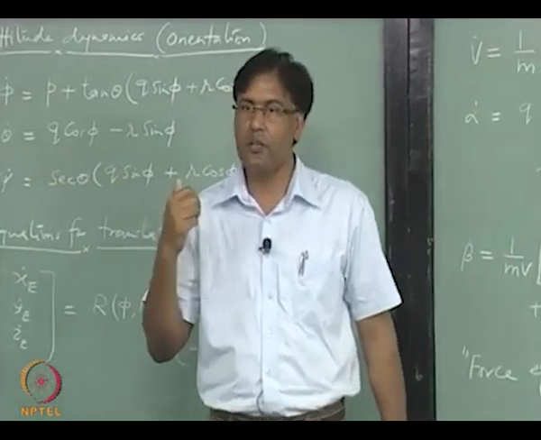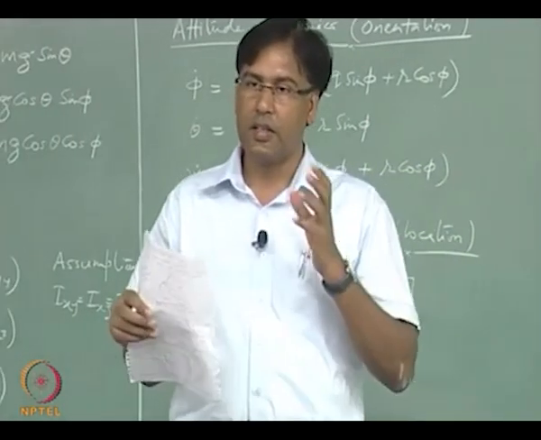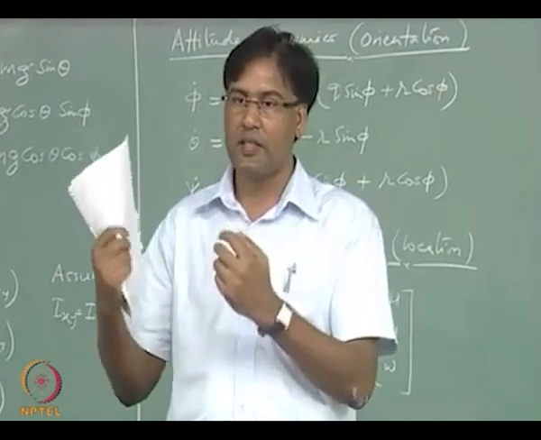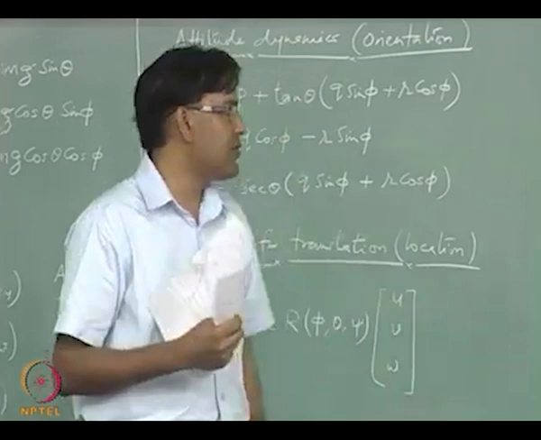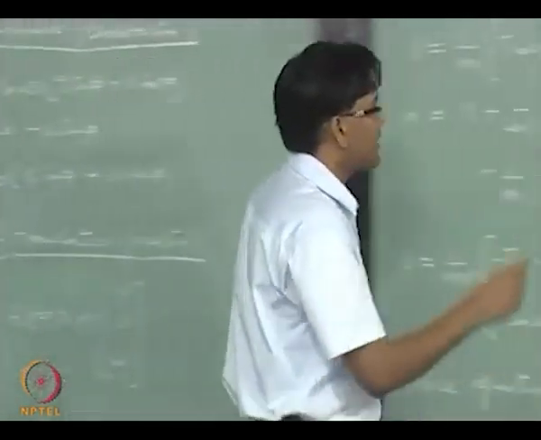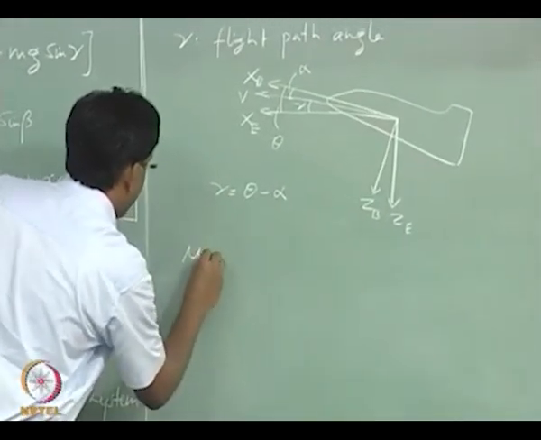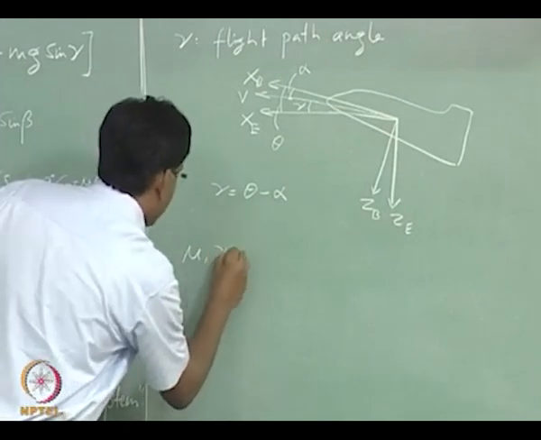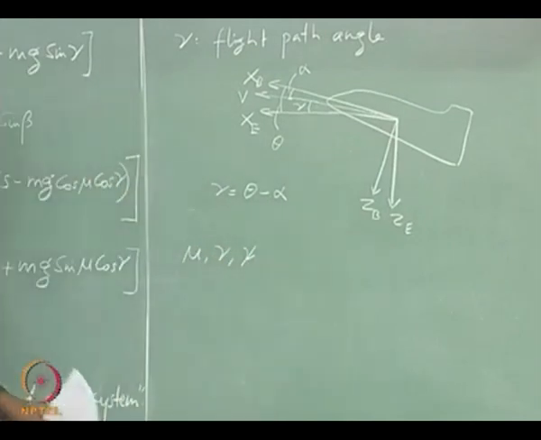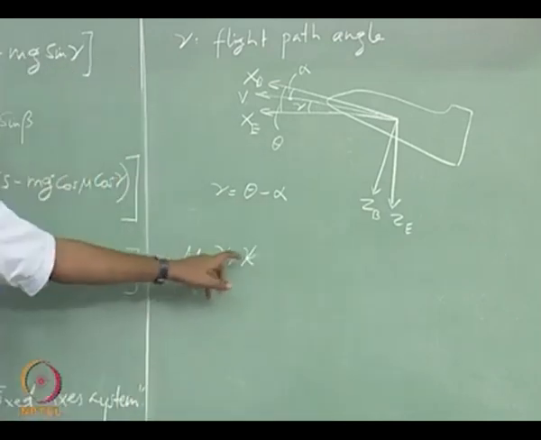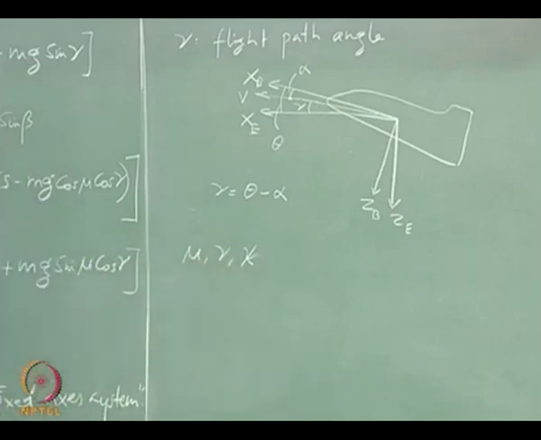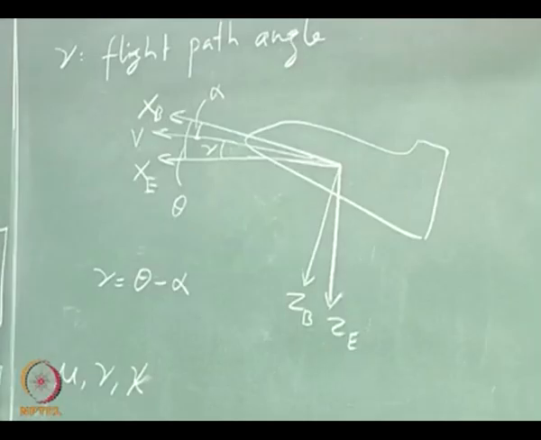In the case when we are talking about the components of a vector in the body fixed axis system and the earth fixed axis system, we have 3 angles and those angles are Euler angles, right, phi, theta and psi. So, here there are 3 angles mu, gamma and chi, right, which is giving you the orientation of the wind fixed axis system with respect to the earth fixed inertial frame of reference.